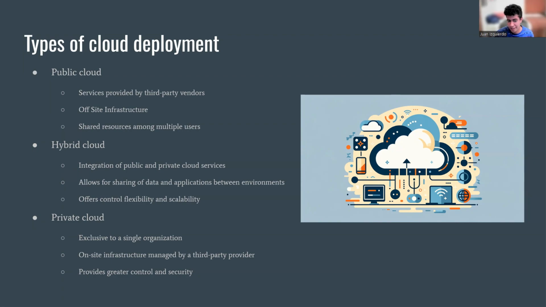Now, the private cloud is exclusive to a single organization. The infrastructure in this case is on-site. So for the business that is there, the servers for storage are located within that business. So it's not within the site of a third party, although it could be managed by a third-party provider.